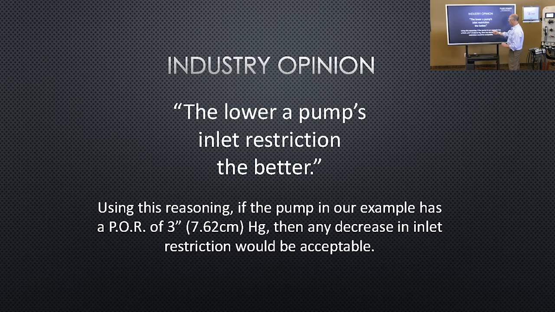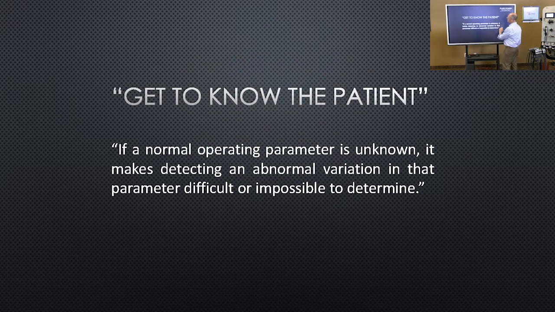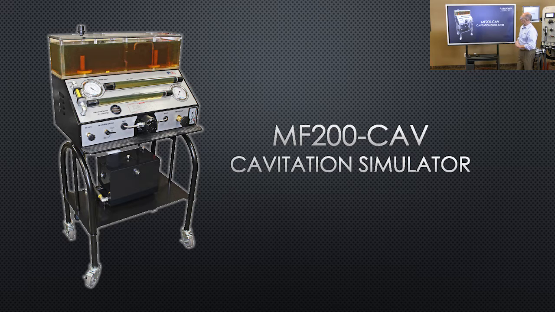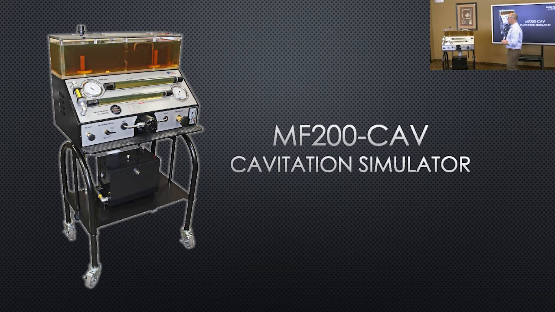Using this reasoning, if a pump in our example has a point of reference of 3 inches of mercury, then any decrease in inlet restriction would be acceptable, which, as we've just said, is erroneous. If a normal operating parameter is unknown, it makes detecting an abnormal variation in that parameter difficult or impossible to determine. Now, let's move over to the cavitation simulator.